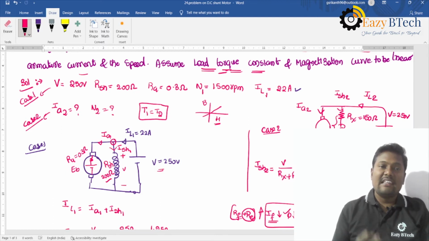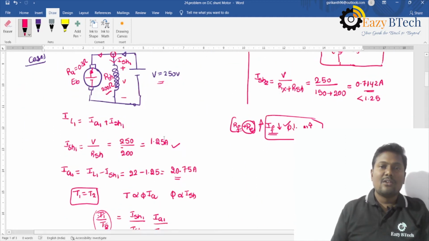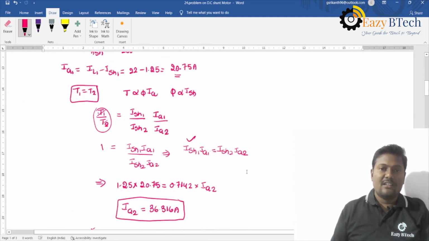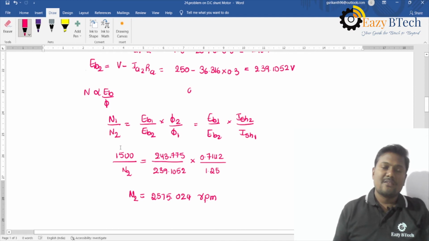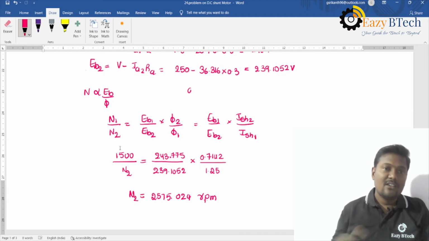That means ISH1 into Ia1 is equal to ISH2 into Ia2, so T1 is equal to T2. From this we get the armature current, find the back EMF 1 and back EMF 2, and substitute in the speed equation. Then you will get the speed with an external resistance added in series with the field.